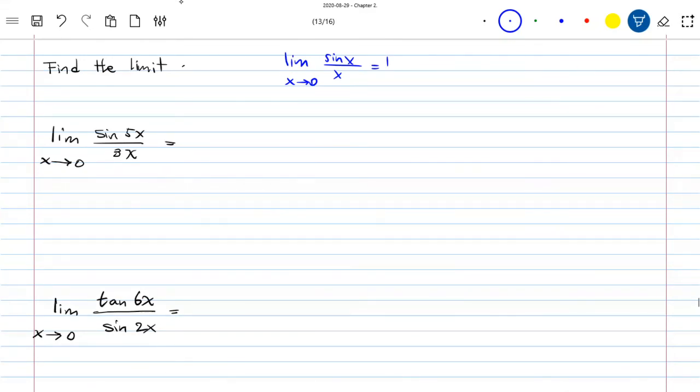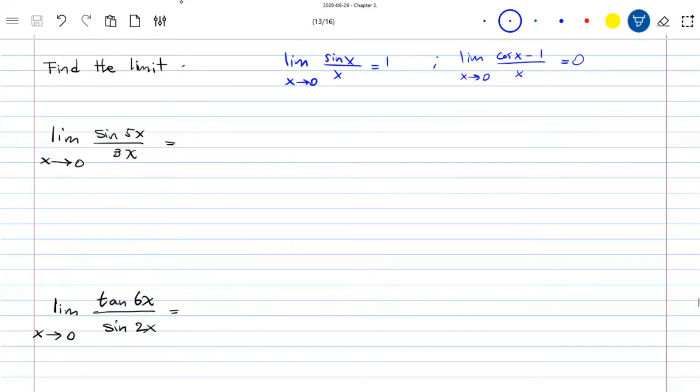And there was an outcome of this identity that I forgot to mention. If you have cosine x minus 1 divided by x, this was the other term. This limit was 0. Remember, you multiplied by cosine h plus 1 divided by cosine h plus 1, and we got this identity that this limit is 0.